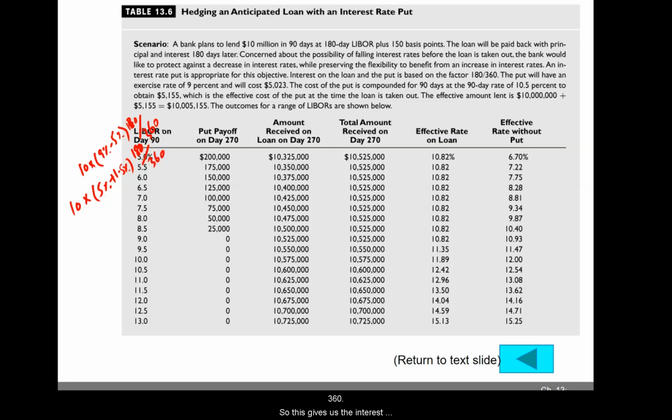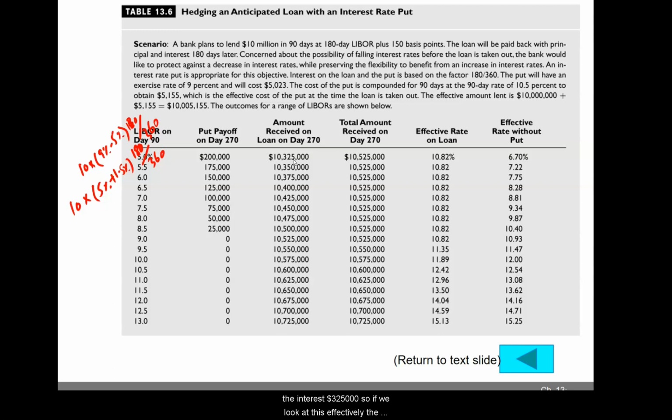So this gives us the interest on the loan of 325,000. So on the 270th day, when the loan period will be over, the lender will receive the principal of 10 million plus the interest 325,000.